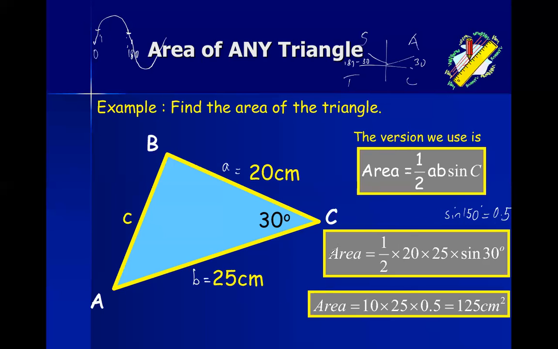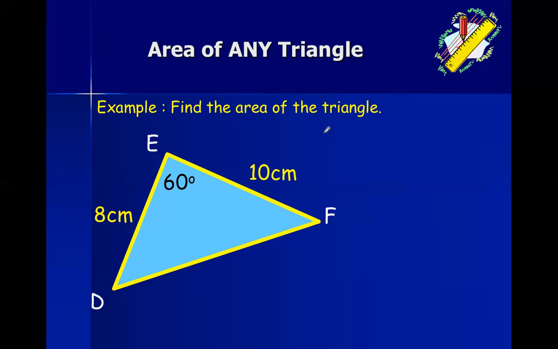So there's more than one way to add marks into a question. Next, find the area of the triangle. So sometimes instead of writing A, B, and C, they might write E, D, and F. But it's the same thing. You can decide to say this is D, this is F. So it's going to be half of D times F times sine 60, right?